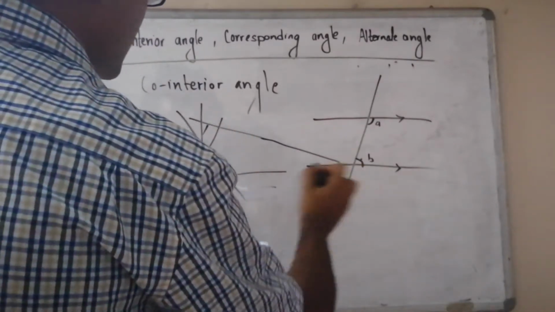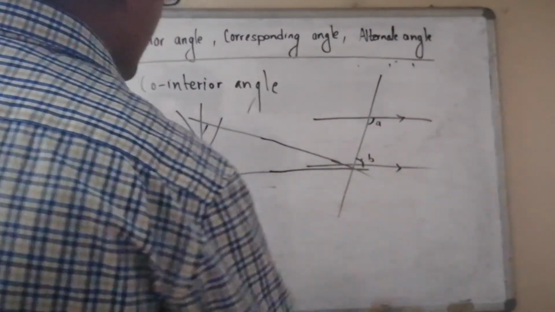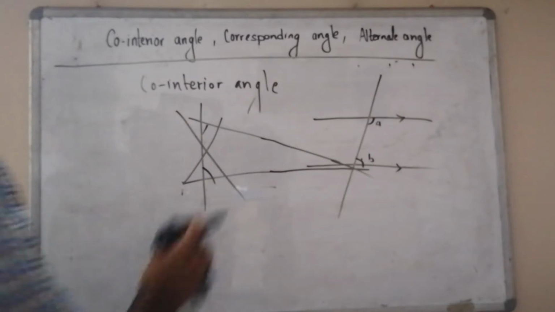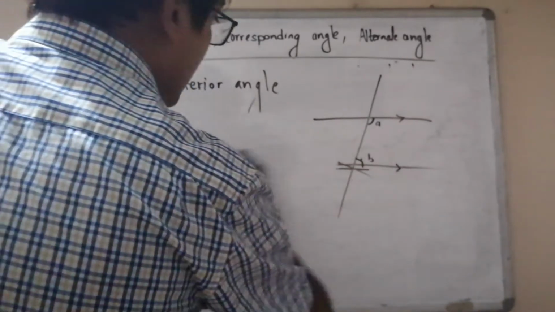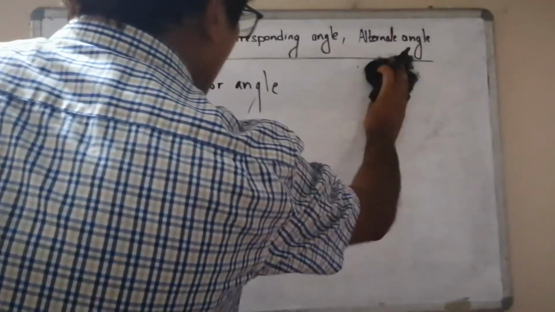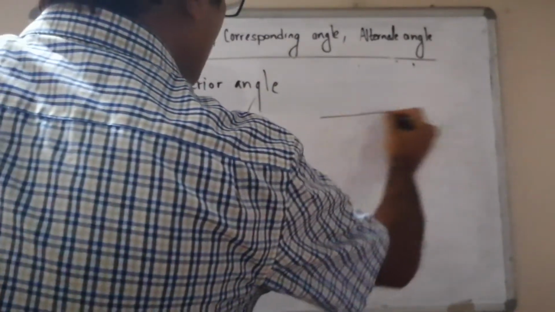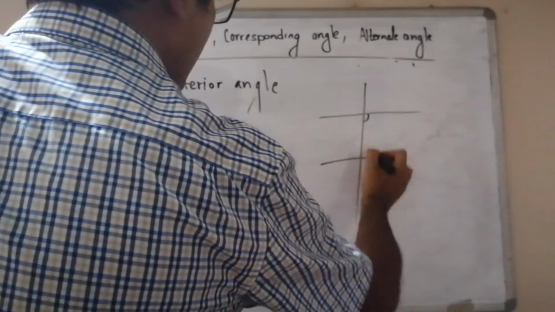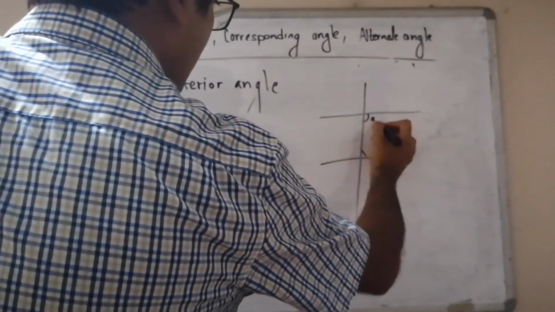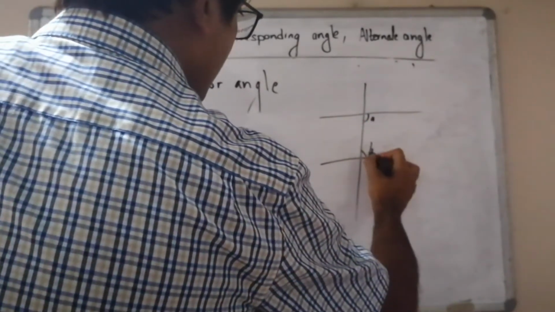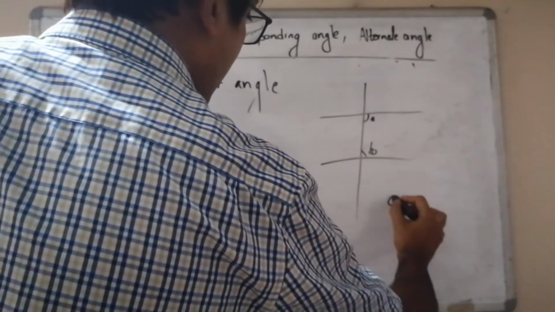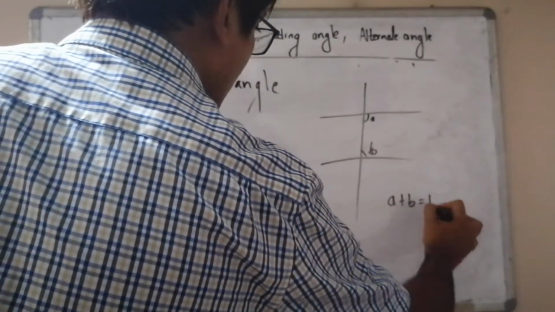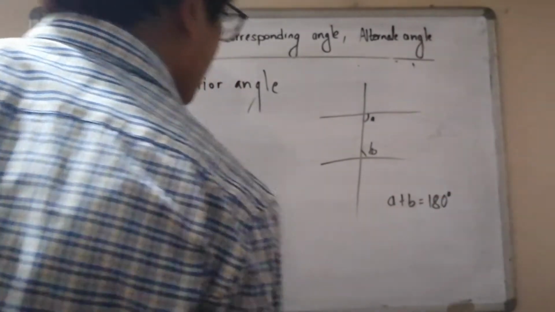If you extend this, they get intersected somewhere in the plane. So to be co-interior angles, there must be two parallel lines and one transversal across them, and this angle and this angle. If this is A, this is B, then A plus B equals 180 degrees.